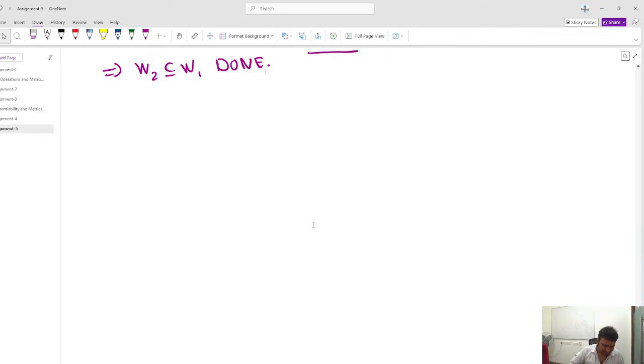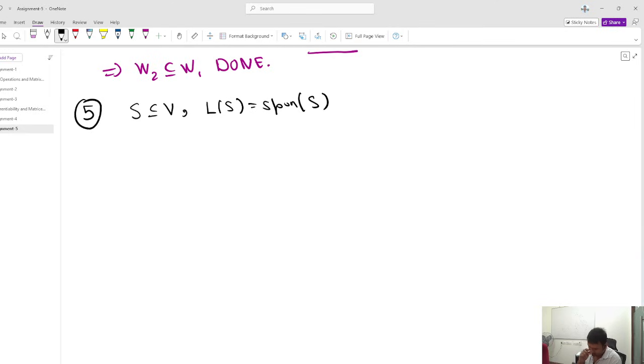Okay, now let us proceed to problem number 5. Just a notation sir is saying. If you have a subset S of some vector space V, LS we will denote as the span of the subset S, basically the collection of all possible linear combinations of the vectors in S. Okay, so let us do something.